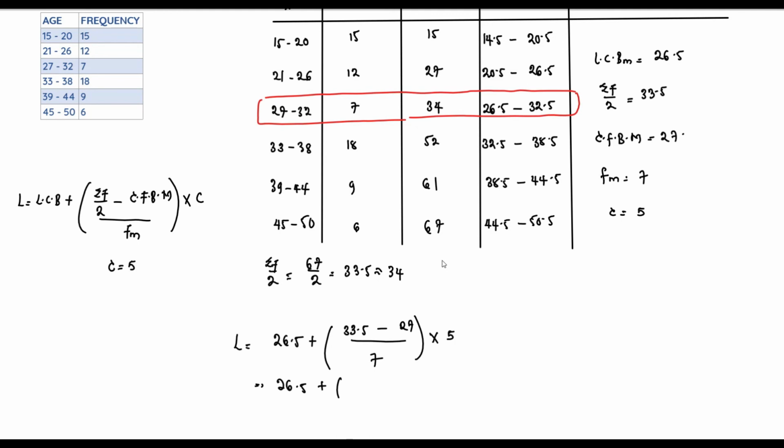That is 33.5 minus 27 divided by 7, and that gives us 0.9286 times 5. Let's multiply this with 5, and we have our answer to be 4.64 approximated to 2 decimal places. So the final answer is that L is equals to 4.64 plus 26.5, and that gives us 31.14.